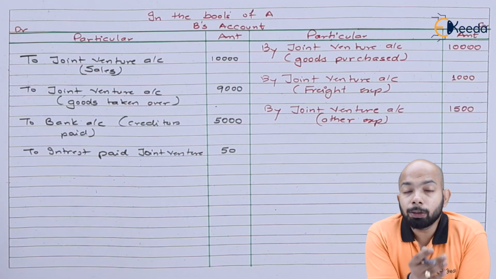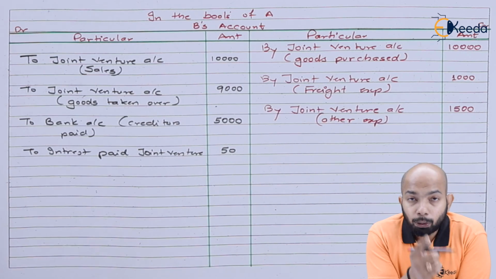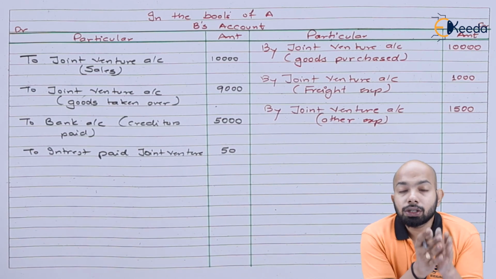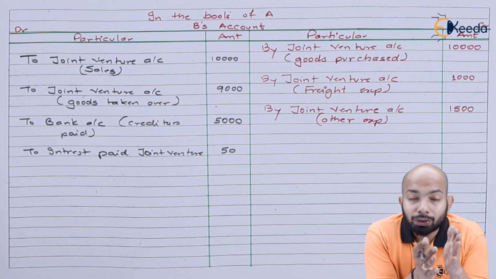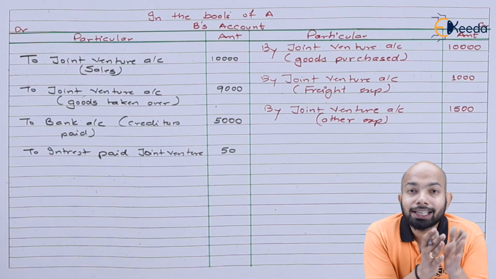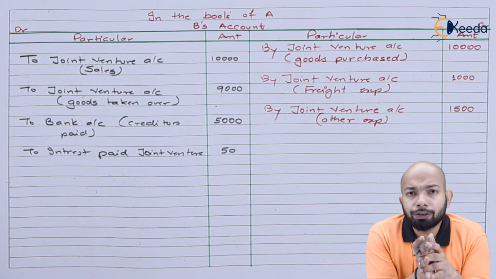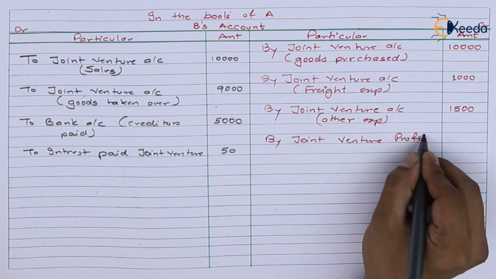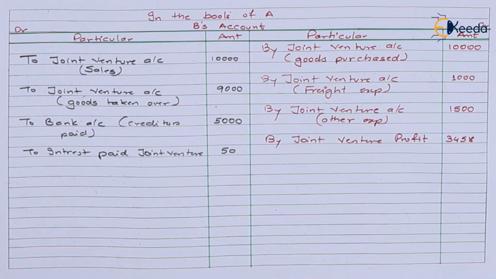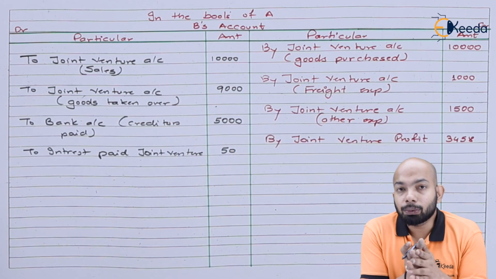Now on the credit side, we'll be moving his profit, because the profit entry here was joint venture account debit to B's account. So in this case, on B's account credit side we'll be mentioning by joint venture account profit and loss. So that is the entry that we're supposed to pass.